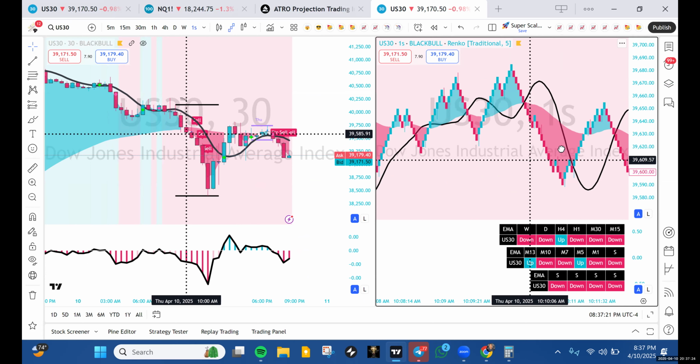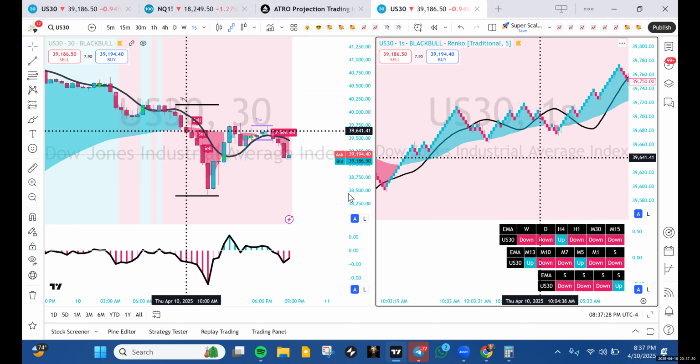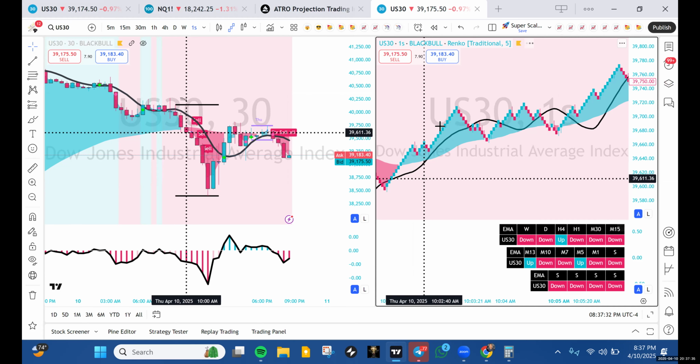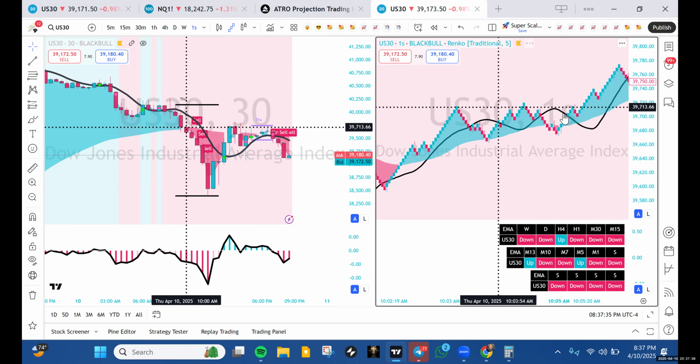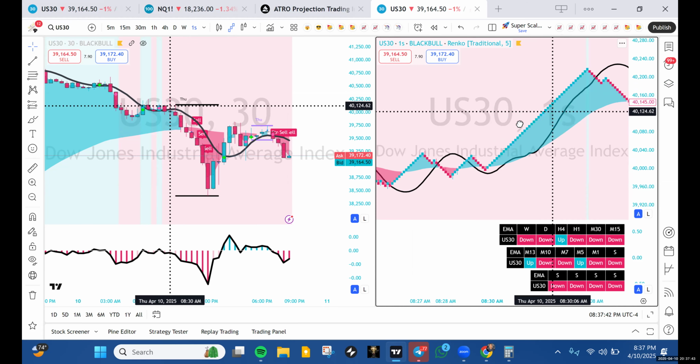So I want you guys to look at the cursor. I'm going to put this to 8:30 from today. I want you guys to look at the cursor. Let me see if it's going to let me go back. It's so weird. Oh, it's probably just slow. Okay. So it's just slow because of the internet.